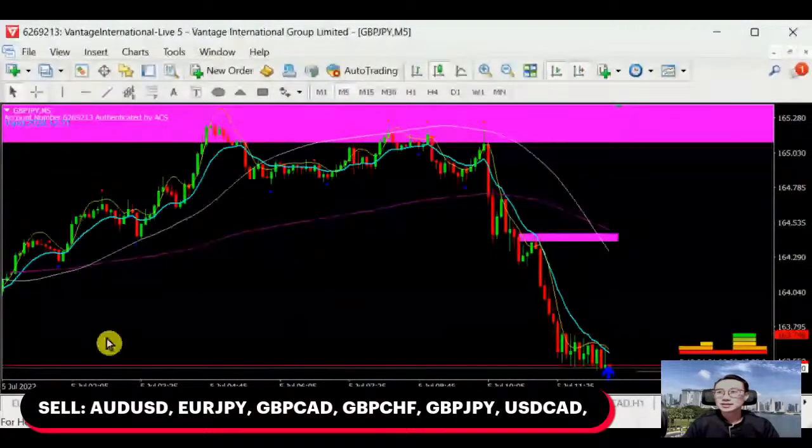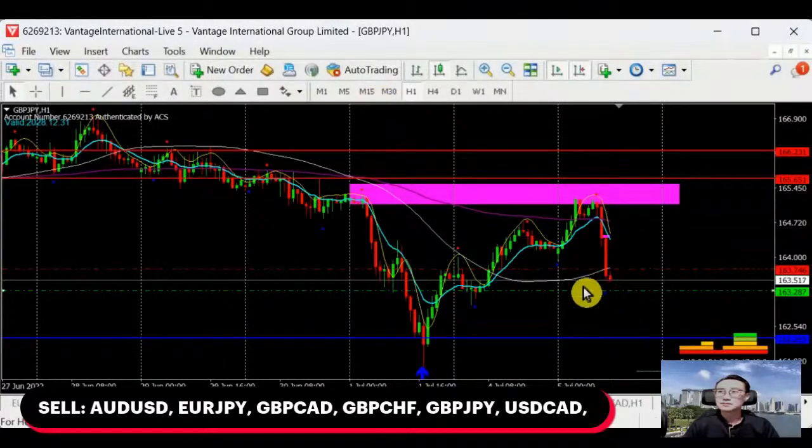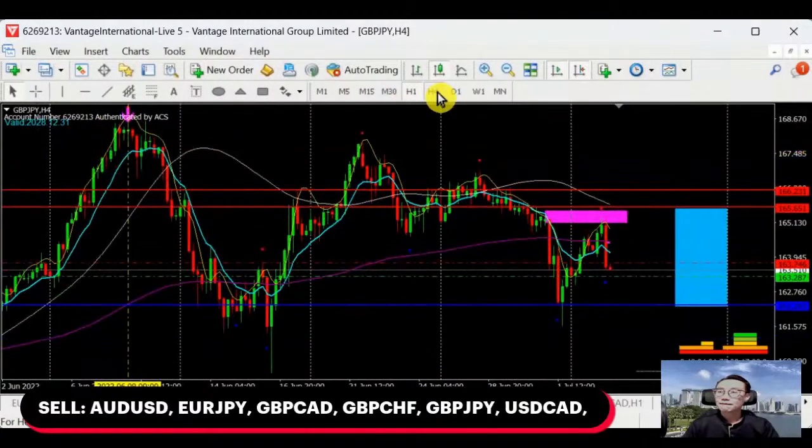Okay, so let's come back to pound yen once again. Pound yen looks pretty good in a way. Last push. Hopefully this last push can complete this mission over here. After it completes, it may have another swing, and then probably we will be able to complete the whole session here.